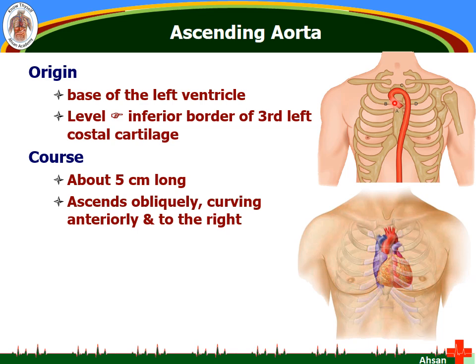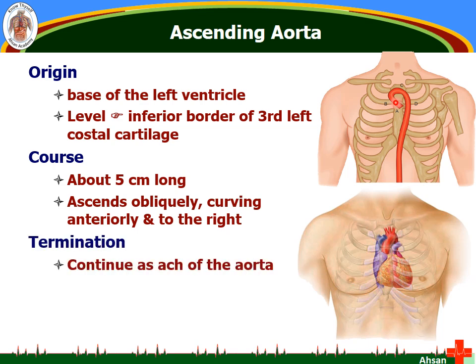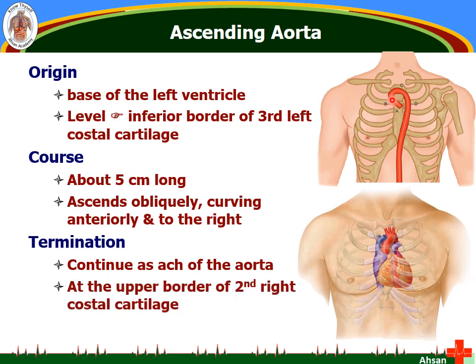So this is the small ascending aorta, and it continues as the arch of the aorta at the level of the second rib, at the upper border of the second costal cartilage.